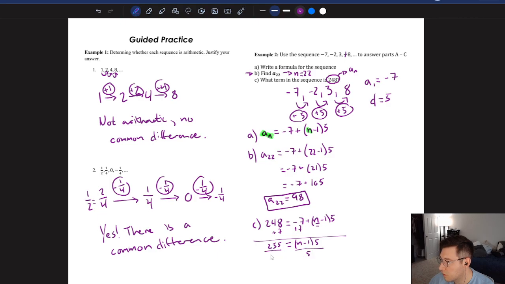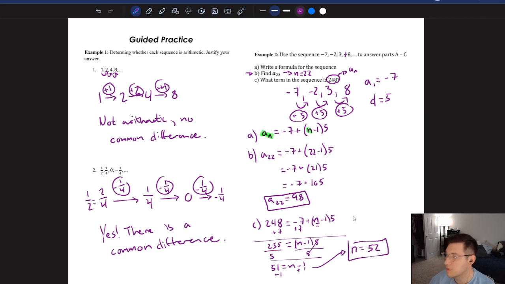Let's divide everything by 5. Those will cancel. We'll learn 255 divided by 5 is 51, which is equal to n minus 1. Going to add 1 to both sides to learn that n is equal to 52.